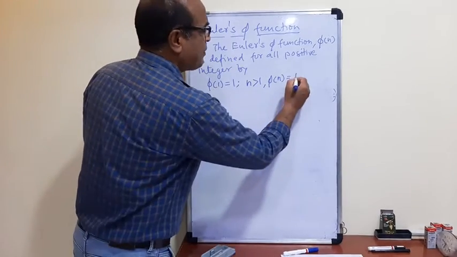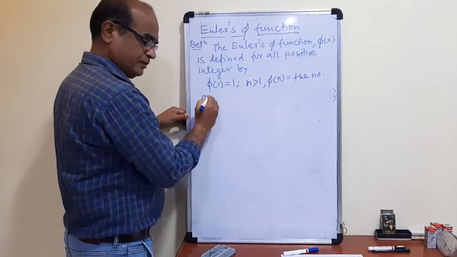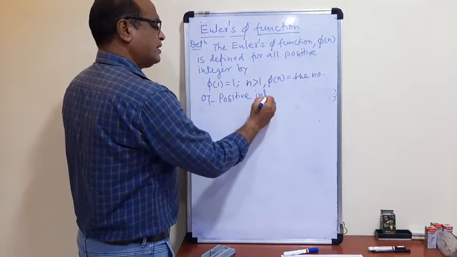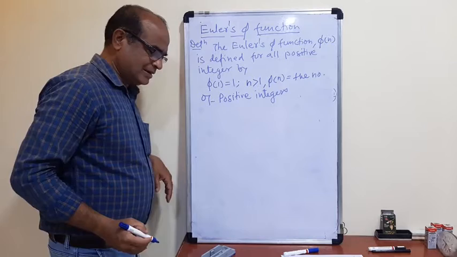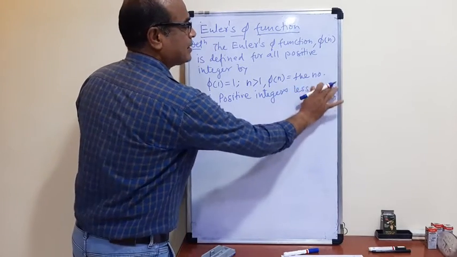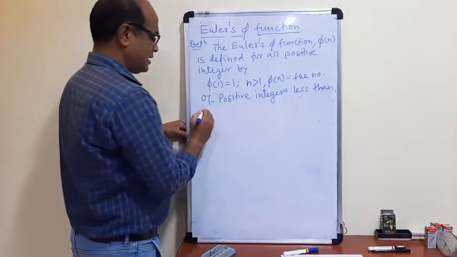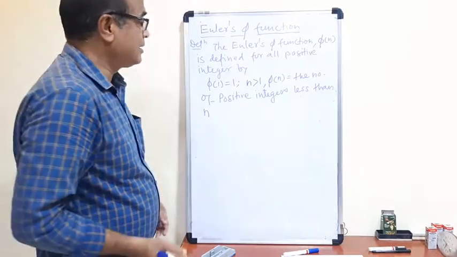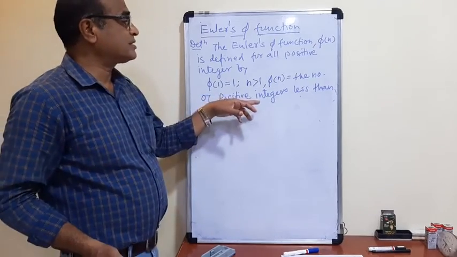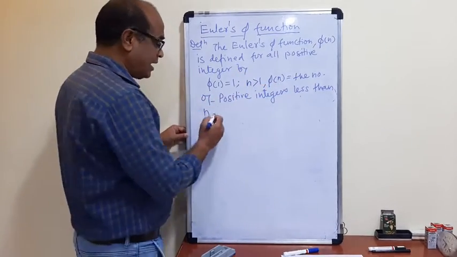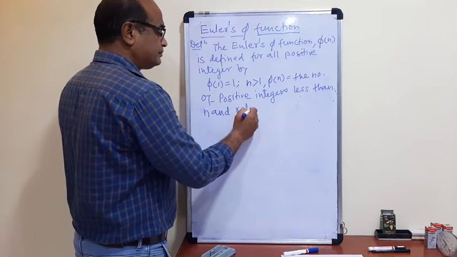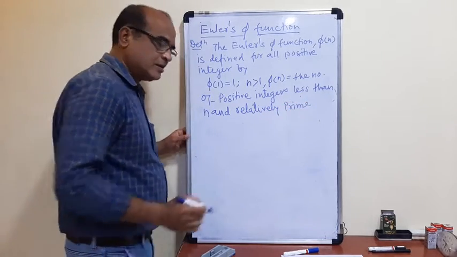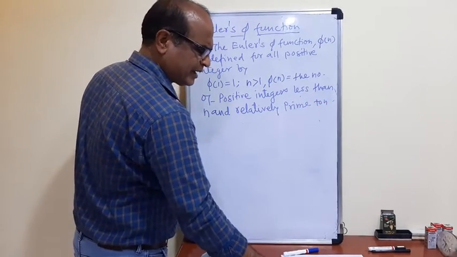Phi n is the number of positive integers less than n and relatively prime to n. Here n is the integer you have to take. Okay, the definition is very simple here.